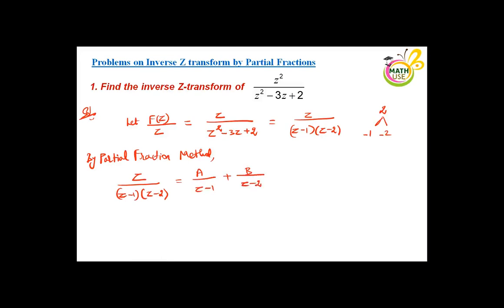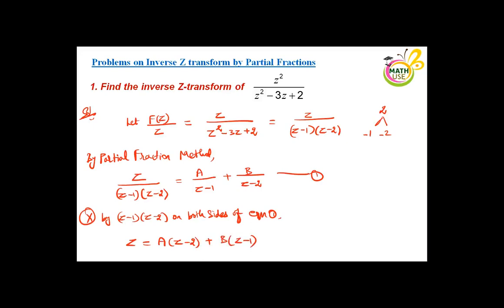Now we multiply by z minus 1 into z minus 2 on both sides of this equation. So we get z is equal to a into z minus 2 plus b into z minus 1.